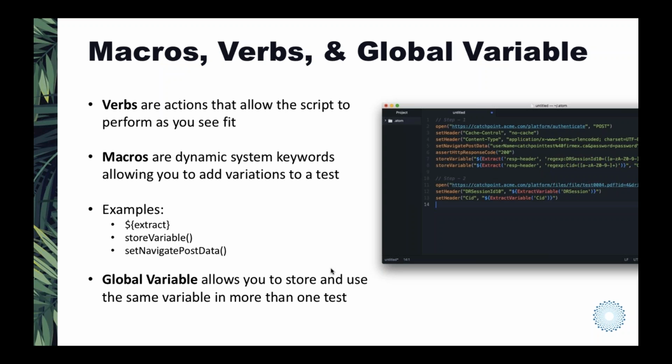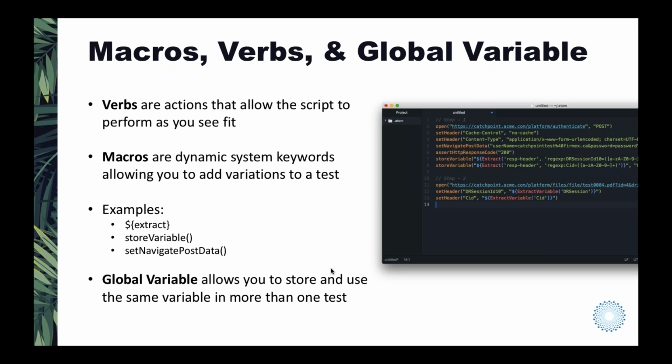We have date timestamps in case you need to manipulate the dates and times that you're passing down so you can future-proof your API transaction. There are a myriad of macros available. We also have encoding macros, not just base64, but other encoding macros as well.